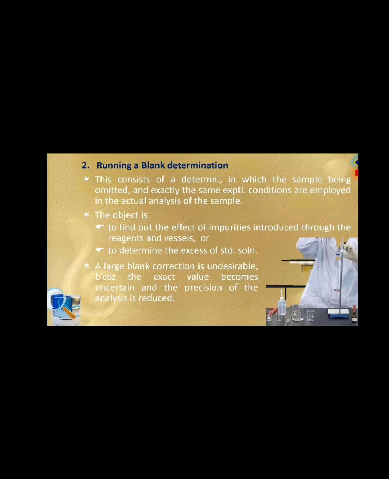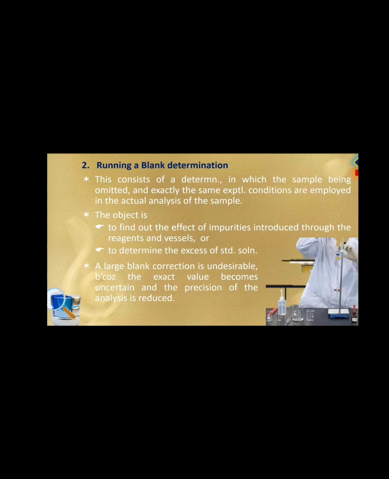Then second one, running a blank determination. This consists of a determination in which the sample is omitted and exactly the same experimental conditions are employed as in the actual analysis of the sample.